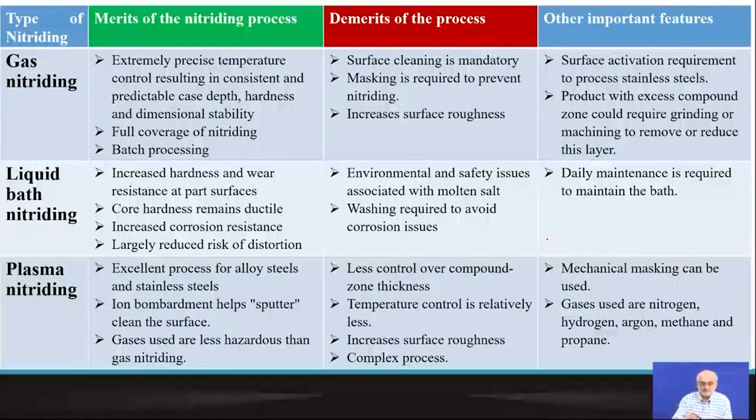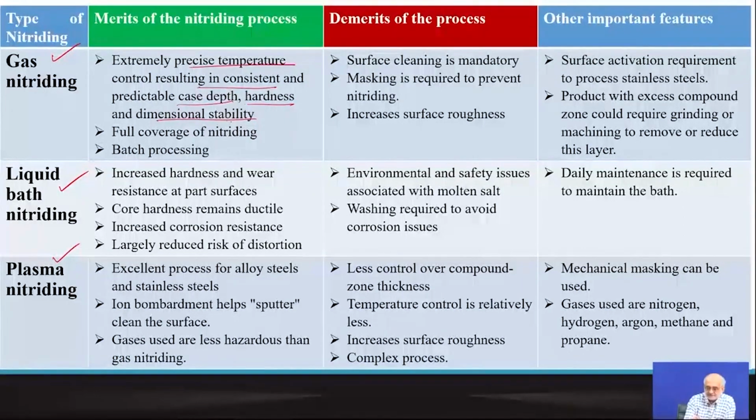So if I compare all the three processes, gas nitriding, liquid bath nitriding, or plasma nitriding, what are we seeing? Gas nitriding requires very precise temperature control, and hence we can maintain predictable case depth, hardness and dimensional stability.